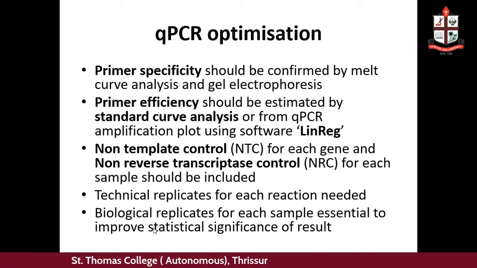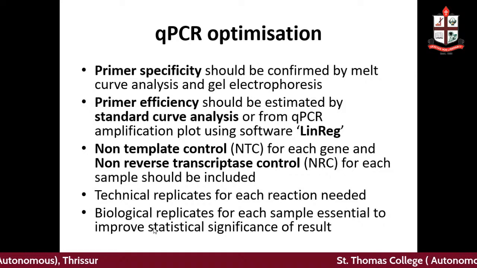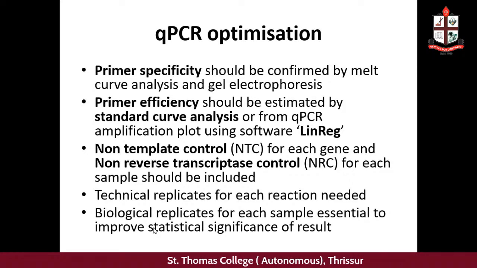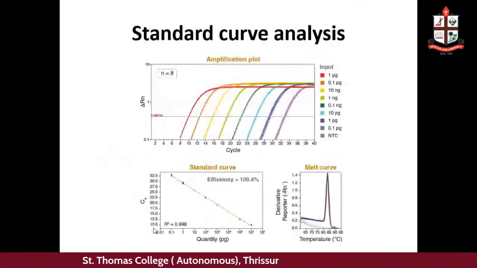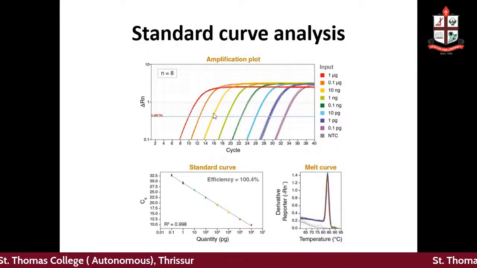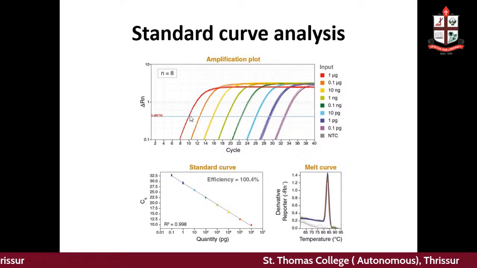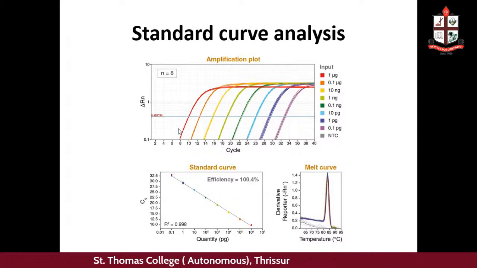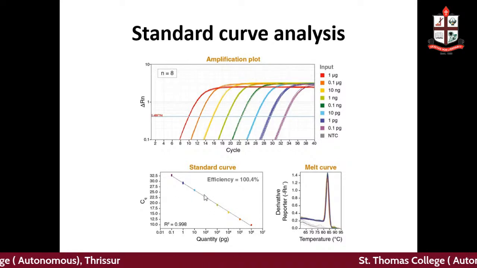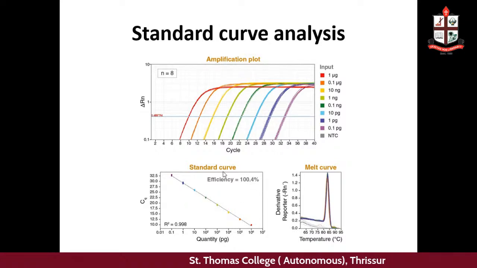So efficiency of the primer should be confirmed, and for that, either you can do a standard curve analysis, wherein you will be making a dilution of your template, and then you'll generate Cq values for the dilutions, and then using that data you can create a standard curve, and from the slope of this curve you can calculate the efficiency of the amplification.